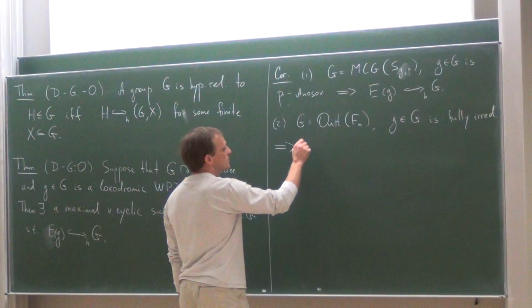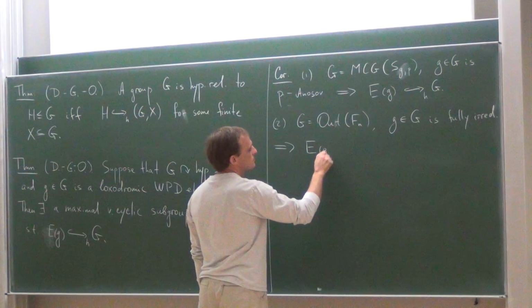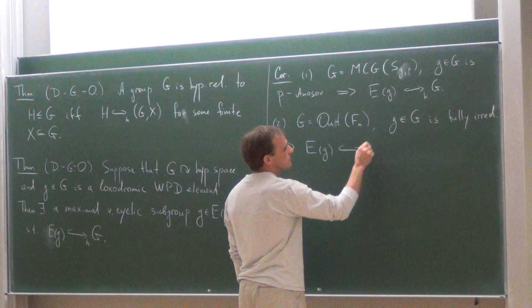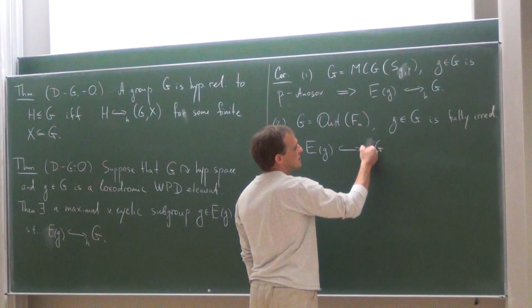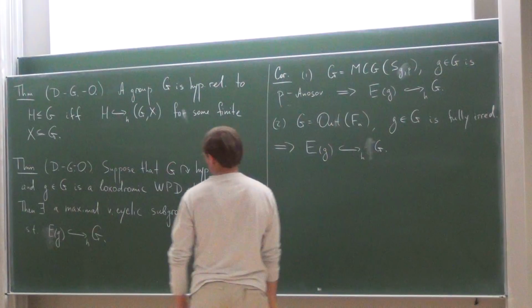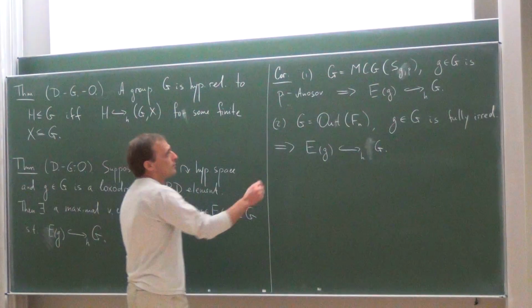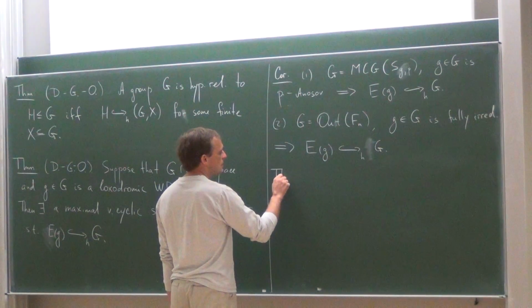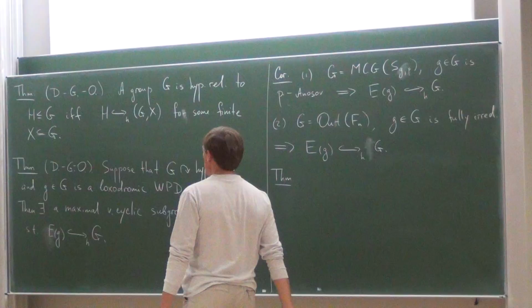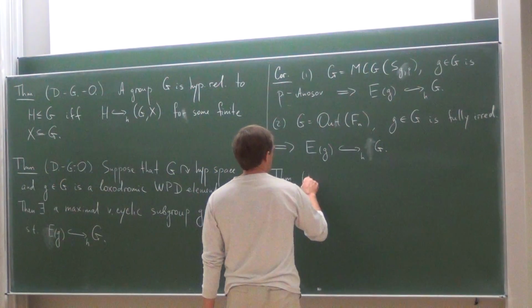Then, in this situation, you have the same conclusion. And in this case, instead of the curve complex, you can use, say, the free factor complex. Okay. Well, another theorem, which I will not use today, but I'll use it later, so I'll state it today.